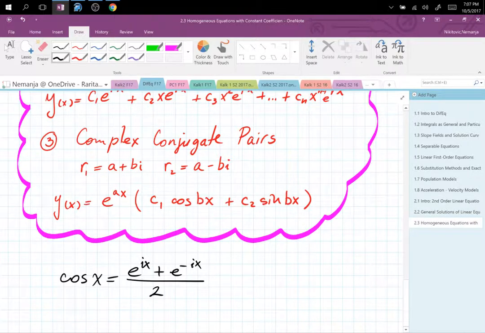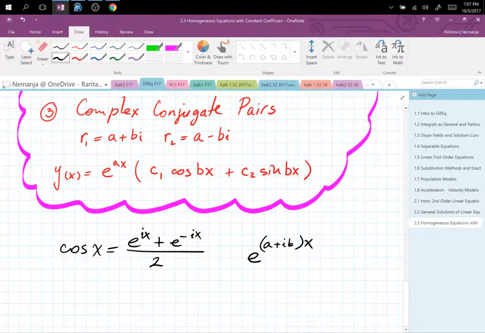So if you use the general form, like for distinct roots, you would have to write this times x. But when you separate this, you get e to the ax times e to the ibx. And then you can continue until you get into the form. So that's where it comes from.